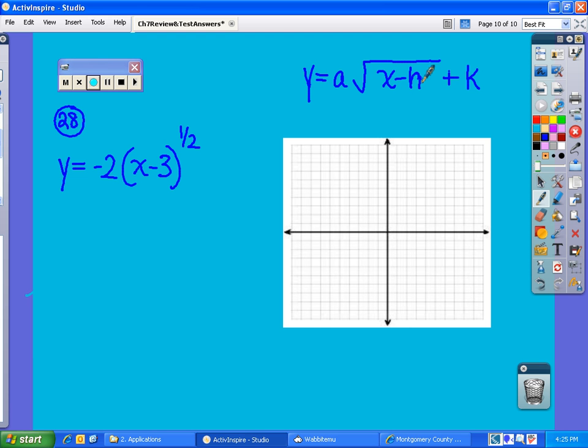In order to determine a, h, and k, we compare. We get a equals -2, h equals 3, and k equals 0.